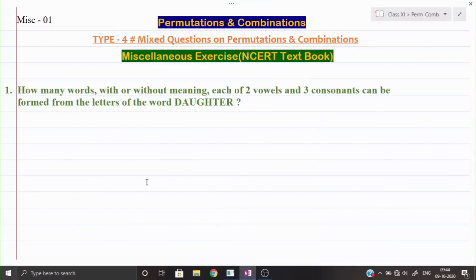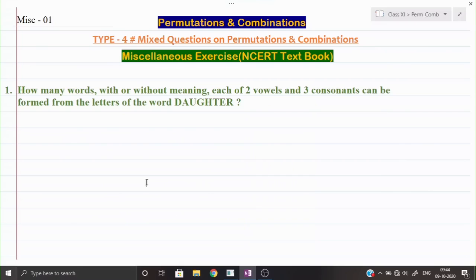Now first of all, in this question, without reading it, just by looking at it roughly, you can say that the question definitely includes the method of permutation. How? Observe, the word given there is daughter, and wherever words are given and from the word we are making different words with or without meaning, definitely the question will be of permutation.